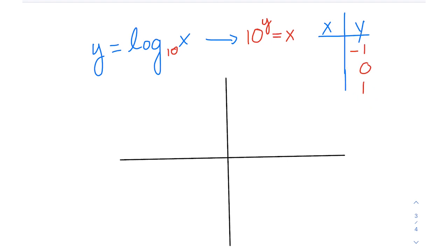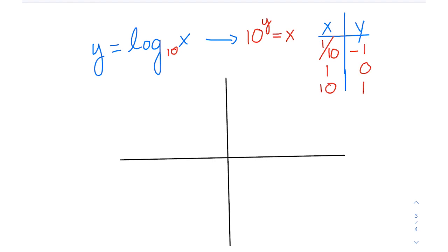So here, when we plug in a -1, 10 to the -1 is the same as saying 1 over 10, or 1/10. 10 to the 0, just like anything to the 0, is 1. And 10 to the first power would be 10. So let's go ahead and see what that would look like on our graph for y equals log of x.